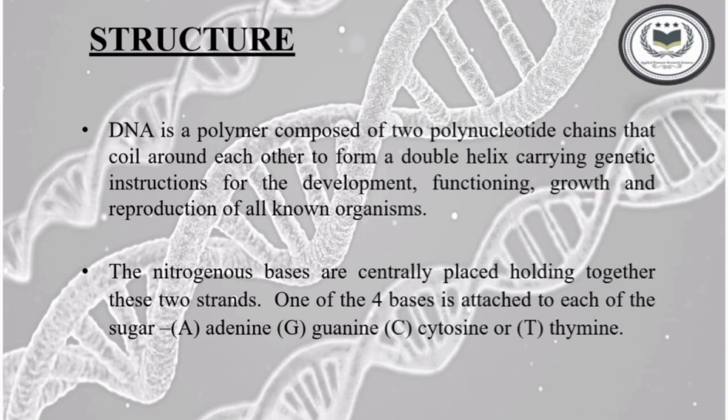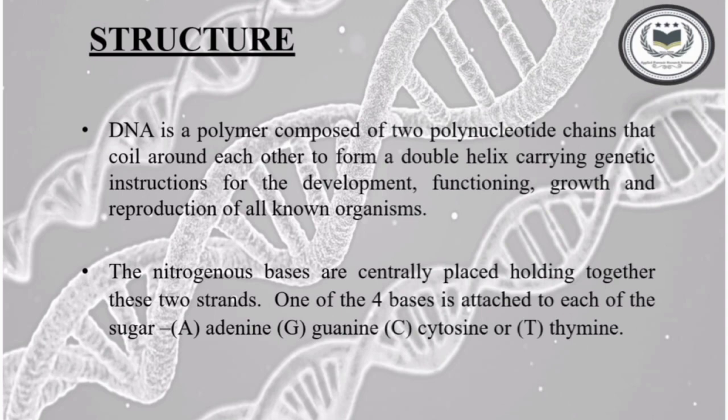DNA is made up of two polynucleotide chains which are coiled around each other to form the double helix structure, which carries the genetic instructions useful for growth, development, functioning and reproduction of all organisms. As we have discussed earlier, DNA is the genetic material present in all organisms.